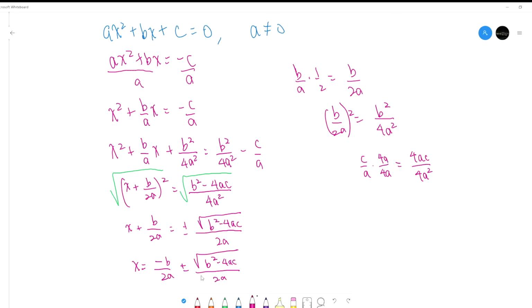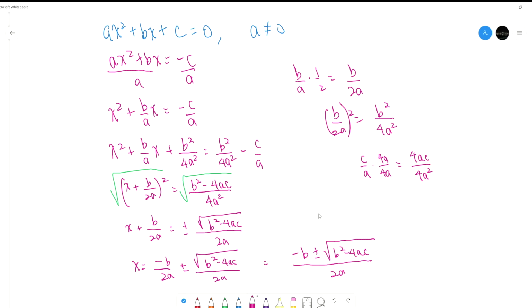And you see how the denominator is both 2a? So we can write it as negative b plus or minus the square root of b squared minus 4ac, all of this over 2a. And this is our quadratic formula that we derived from the quadratic equation.